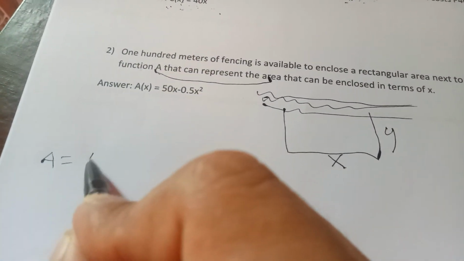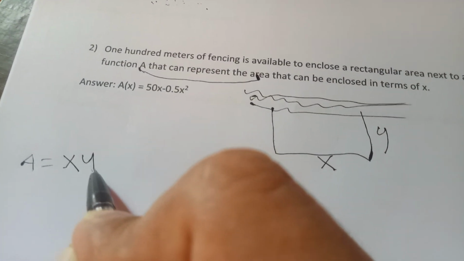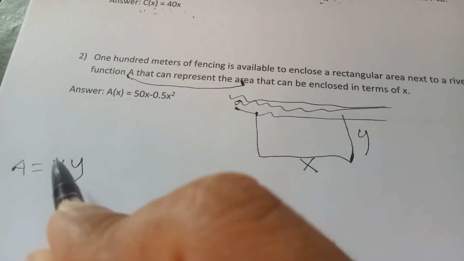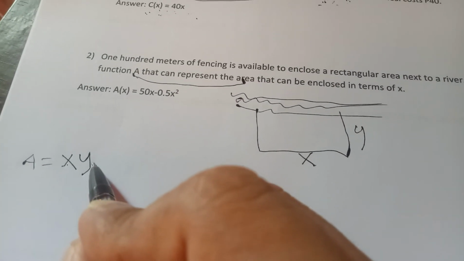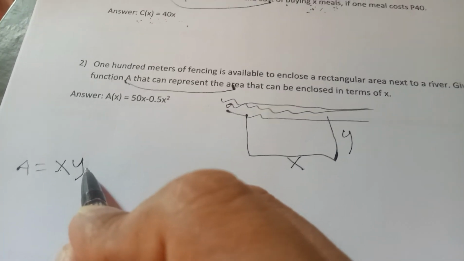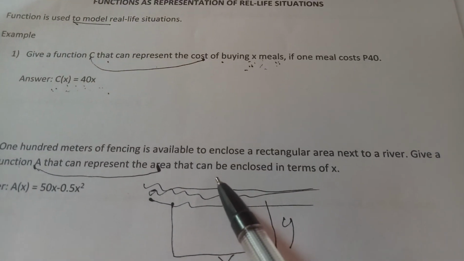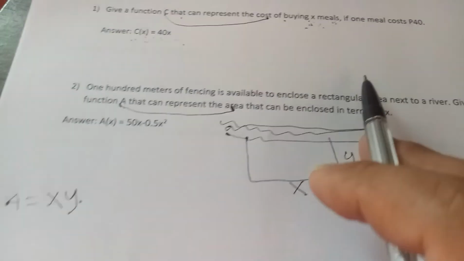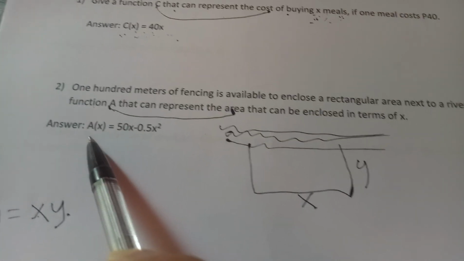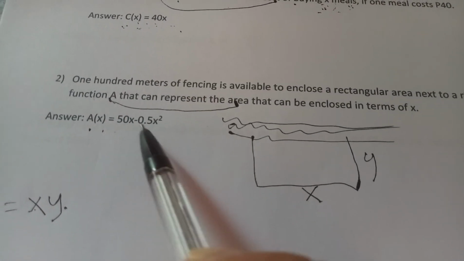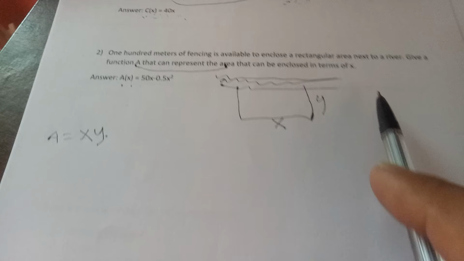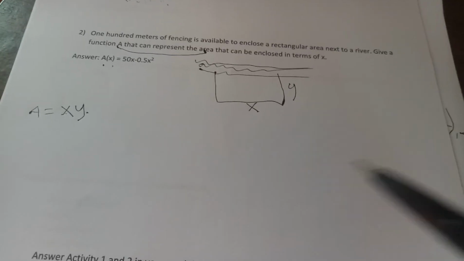Area is equal to side times side, or x times y. That can be enclosed in terms of x. So therefore, saan to nakuha? A of x is equal to 50x minus 0.5x squared. So let us answer this one, no? So ganito lang po siya.